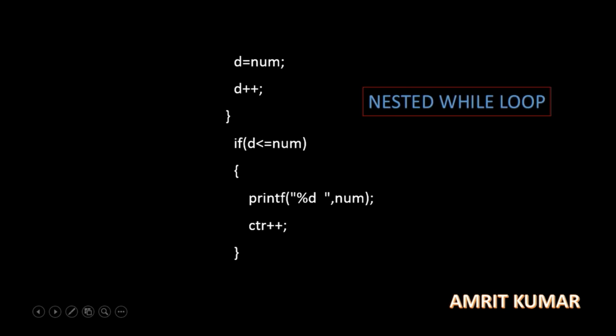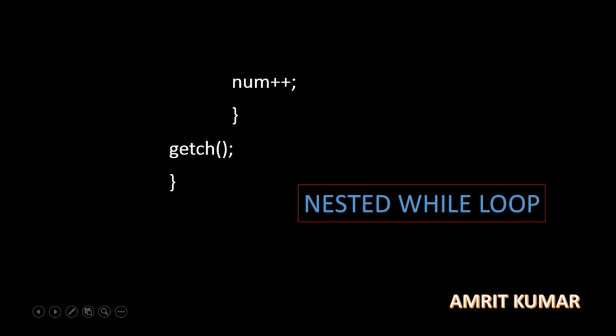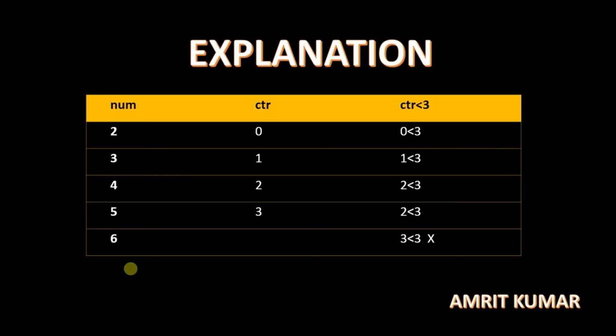So this was all about the nested while loop. Here you can see the explanation: num is 2, then ctr is 0; num is 3, then ctr is 1; num is 4, then ctr is 2; num is 5, then ctr is 3. The condition is true in all those cases, and when num becomes 6, the condition becomes false because ctr has become 3, and 3 is not less than 3. It is a false statement.